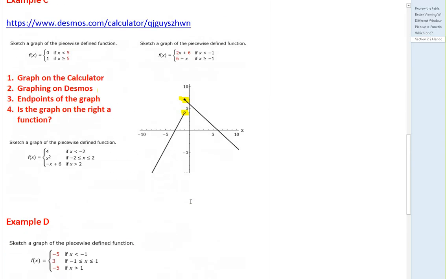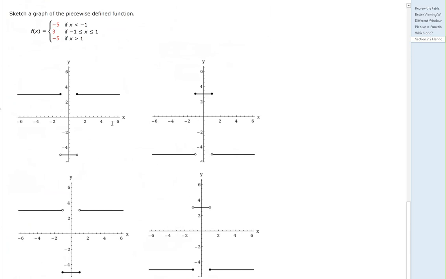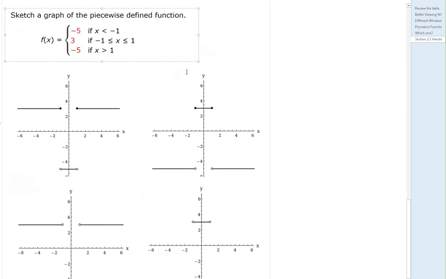And scroll down here. So it gives us the graph of this piecewise function: -5 for x less than -1, 3 for x between -1 and 1, and -5 for x greater than 1. Now, what I would focus in on for you is this part right here.